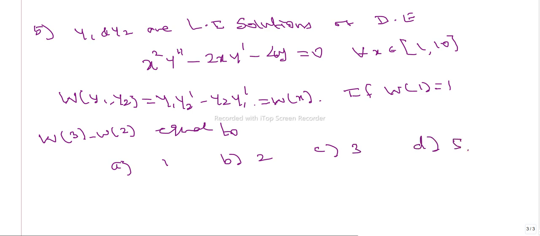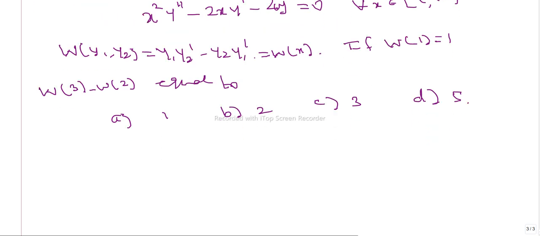Now this is actually an Euler-Cauchy equation, right? We know that if you replace x equal to e power t, therefore t equal to log x, then finally it reduces to D into (D minus 1) minus 2 into D minus 4 equal to 0.